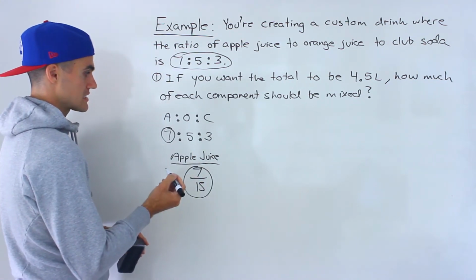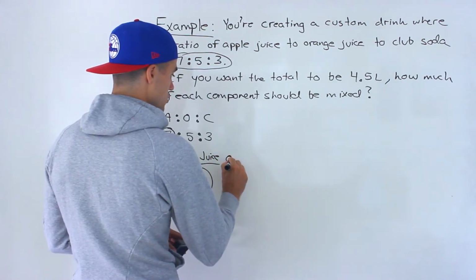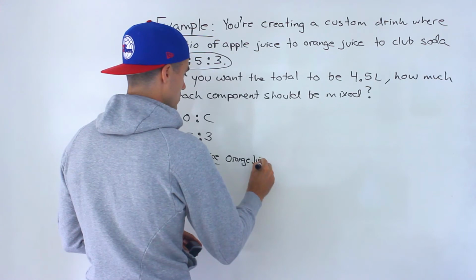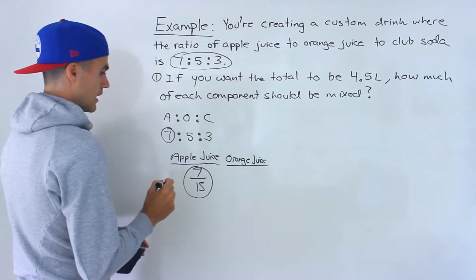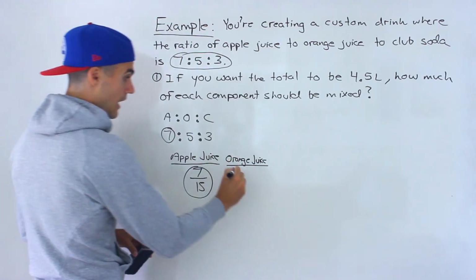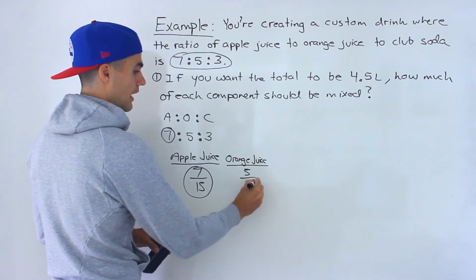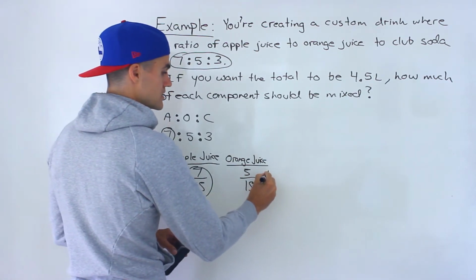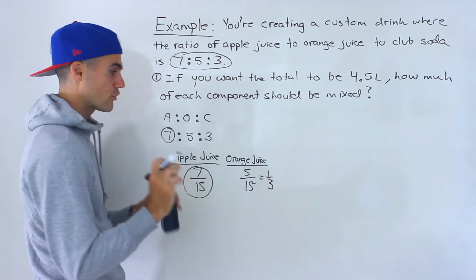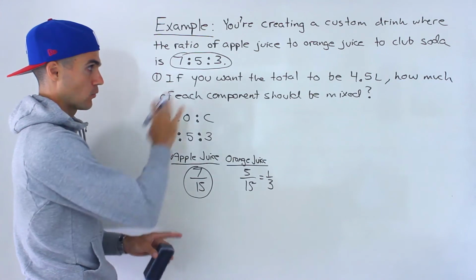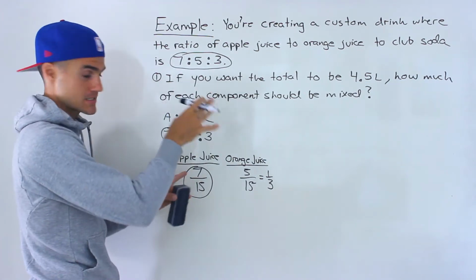And then we can do the same thing with orange juice. We can take the 5 and put it over the total, 15. And then 5 over 15 simplifies to 1 over 3. So 1/3 of the drink has to be orange juice, no matter what the amount that you're mixing is.